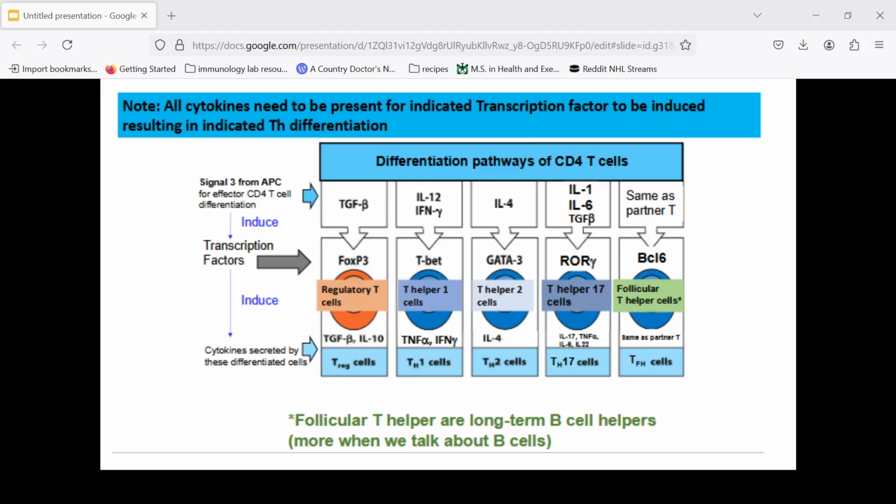And like I said, the innate map chart is your best resource for seeing exactly which cells are going to secrete those things. It doesn't reference B cells, but because we need that signal 3, it's pretty safe to assume that that's going to come from our B cell.